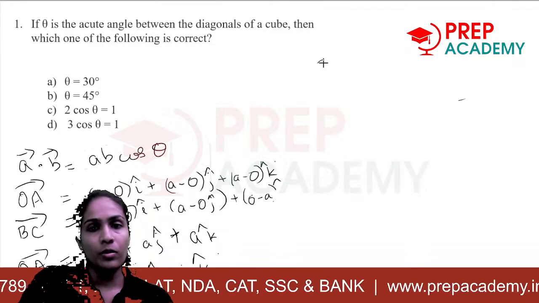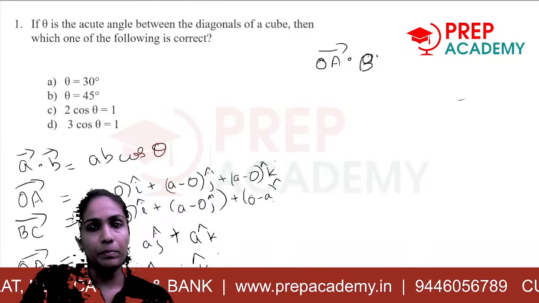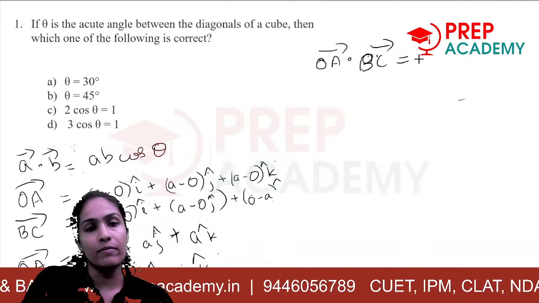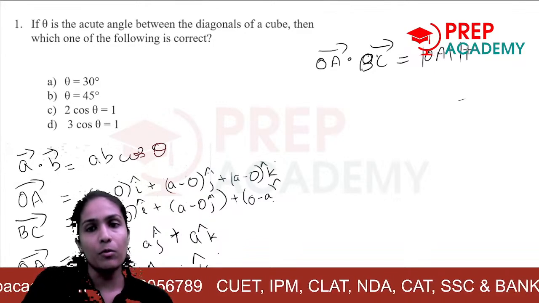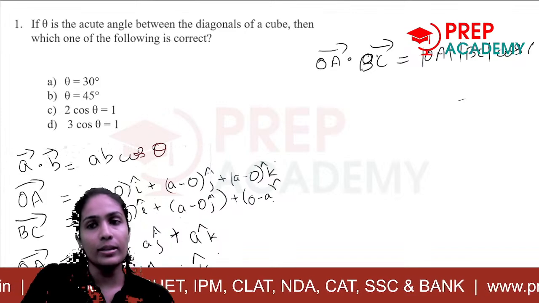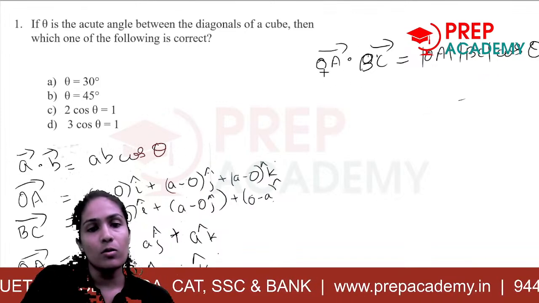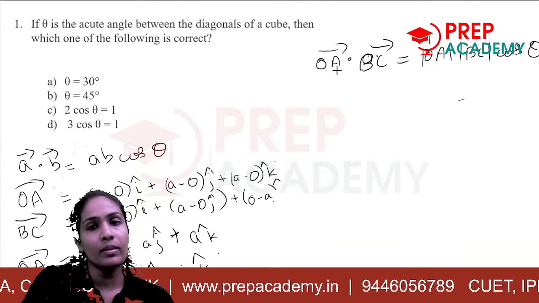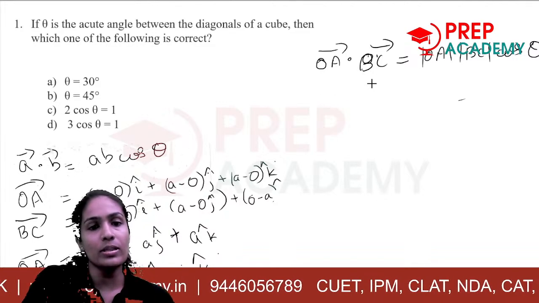Now we have to find vector OA dot vector BC, which is defined as mod OA mod BC cos theta, where theta is the angle between OA and BC. According to the definition of dot product, A vector dot B vector is defined as a1 a2 plus b1 b2 plus c1 c2.